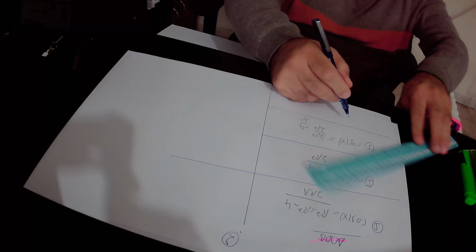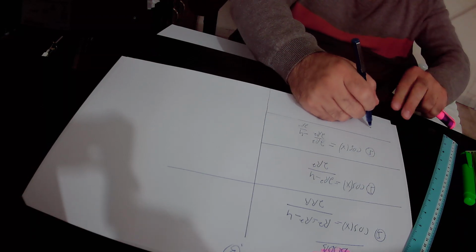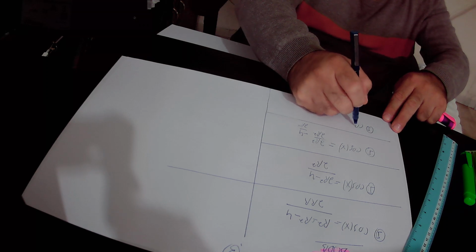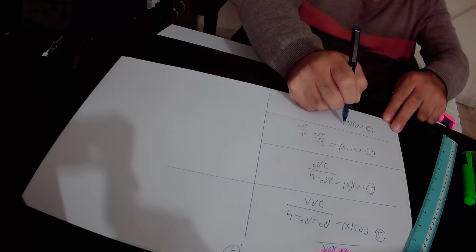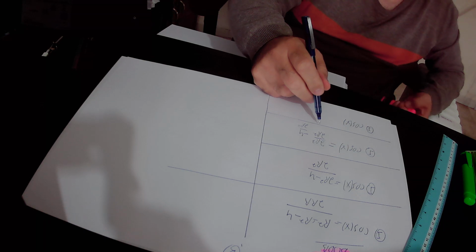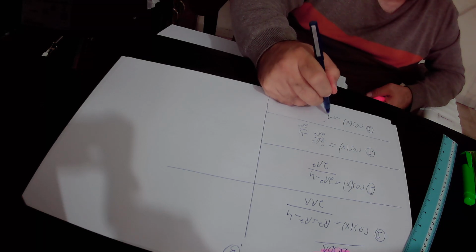So here we found out that cosine x equals 2r squared over 2r squared, which is 1.